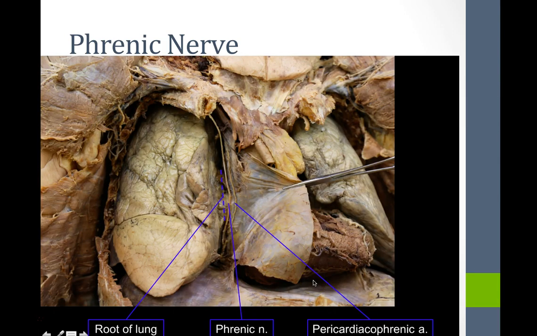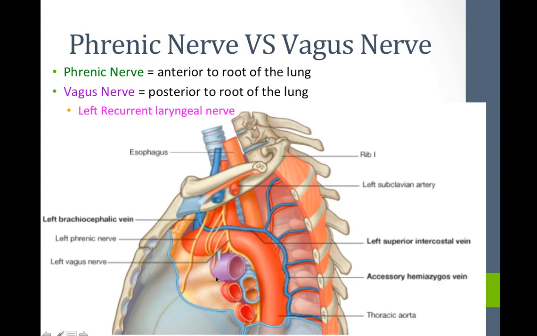This is a cadaveric image of how that nerve is going to course. You see it moving down the thorax, anterior to that root of the lung, and of course continuing down to the diaphragm. This is just another view. Let's first look at the phrenic nerve continuing down anterior to that root of the lung.